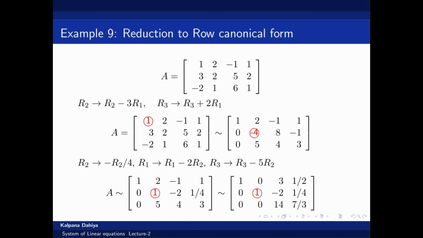Now I am converting it to row canonical form, and I am changing all the entries in a particular column containing a pivot element to 0. There are two ways. We can do it simultaneously along with the row canonical form part, or first we can reduce the matrix to row echelon form, and then apply suitable elementary operations to make all other entries 0 except the pivot element.